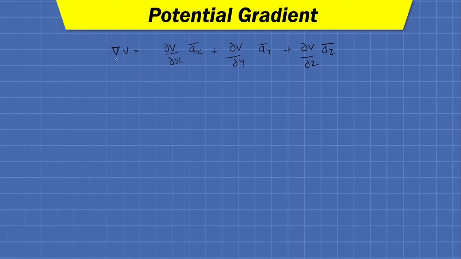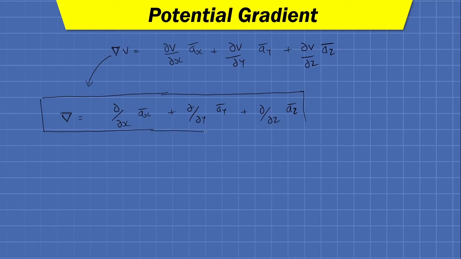So this is how the gradient converts any scalar into a vector. Fine. And the del operator here can be mathematically seen as del by del x ax bar plus del by del y ay bar plus del by del z az bar. It is a very important relation to be remembered to solve many numericals. Fine. So this is how we can calculate gradient in Cartesian coordinate system.